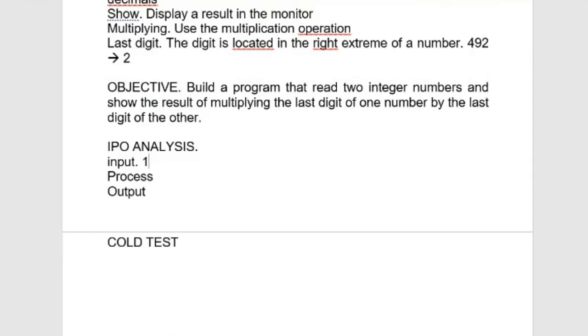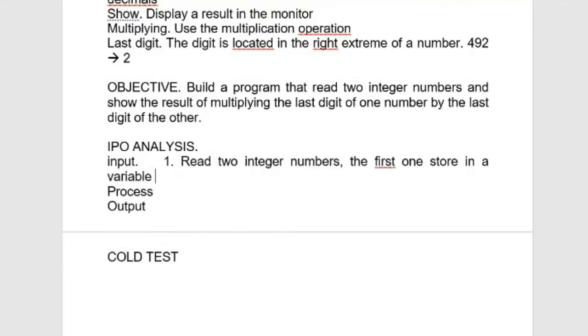You have to write step number 1: read two integer numbers. The first one store in a variable named N1, this is the name I choose, and the second one stored in a variable named N2.